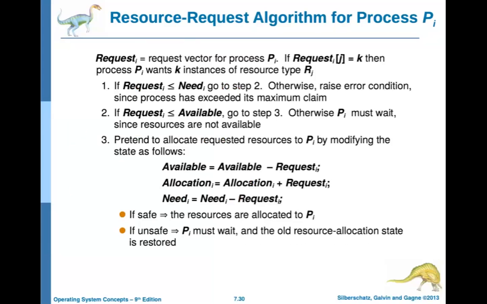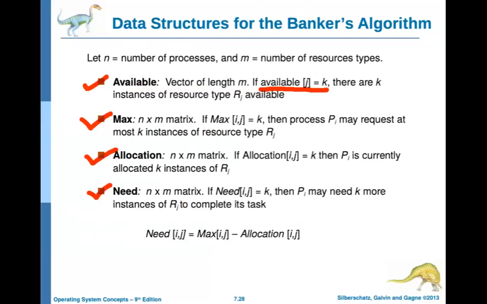Now Request of i denotes the request vector for process Pi. Again remember, we have mentioned this part in the very first thing also. Here, whatever the need is, it is for all the processes.